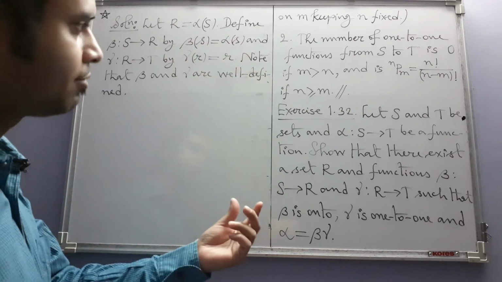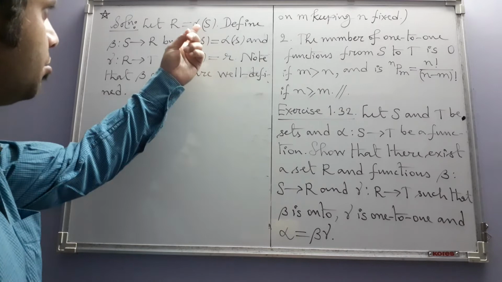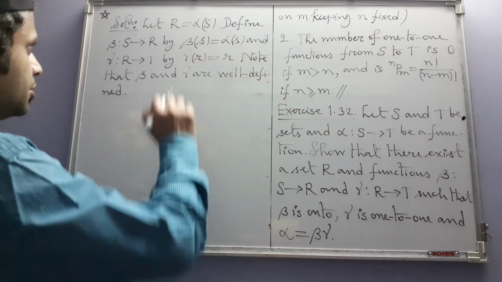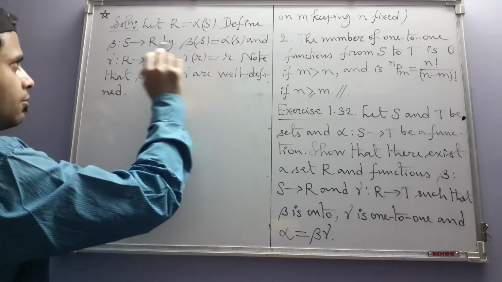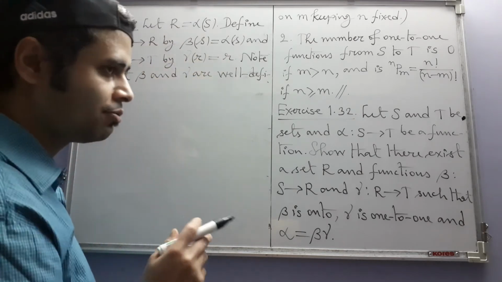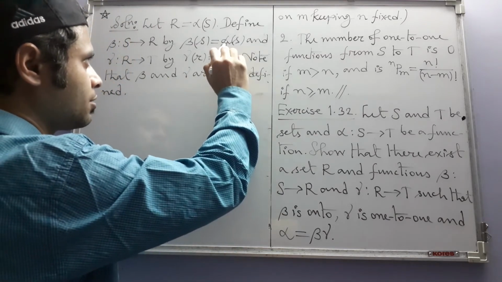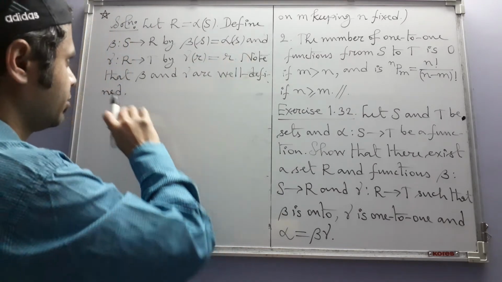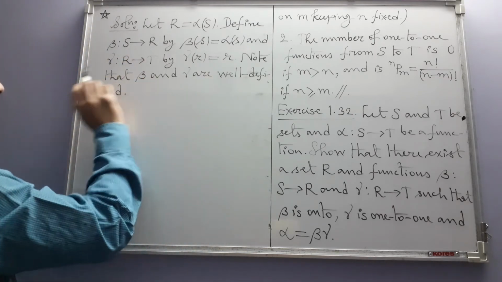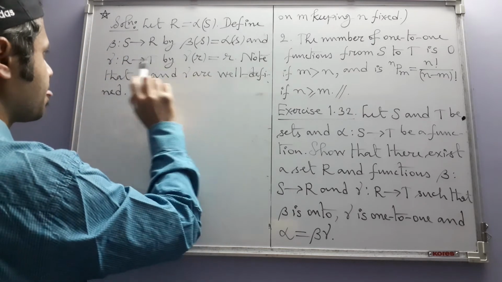And since the alpha image of s belongs to the alpha image of the entire set S, which is nothing but R, our output is in R. And since this beta has been defined in terms of an already well-defined function alpha, everything is okay with beta. So beta is well-defined. And then what about gamma?